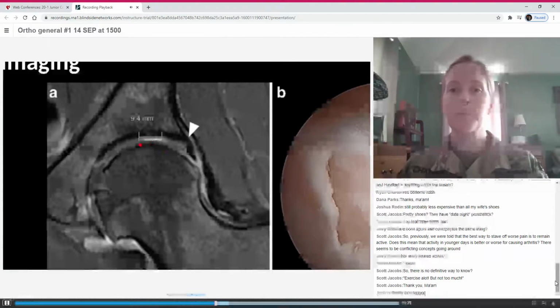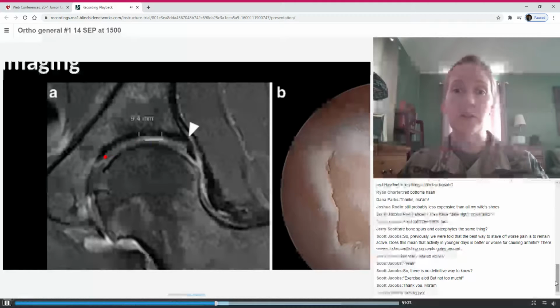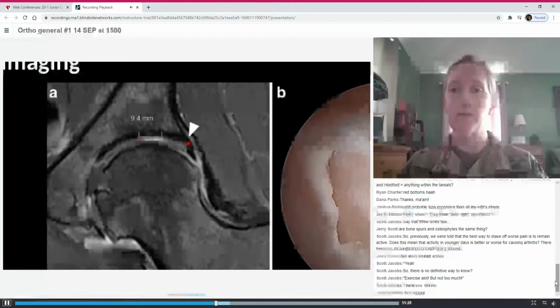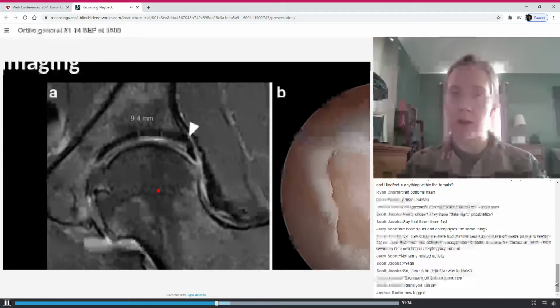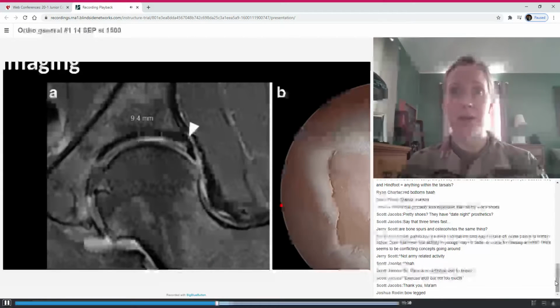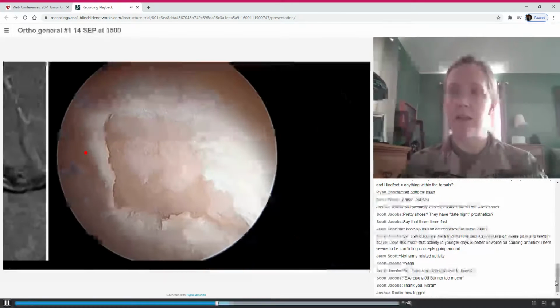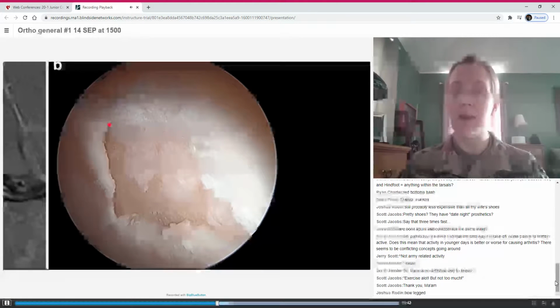And we're looking at that cartilage surface, which is the gray line here. This white arrow is indicating what is probably a comorbid labral tear, and we'll talk about those when we get to block 3. But here on the far right is kind of what this would look like in arthroscopy.